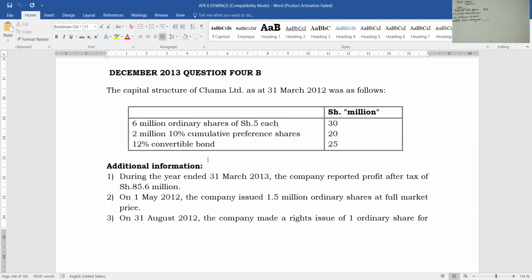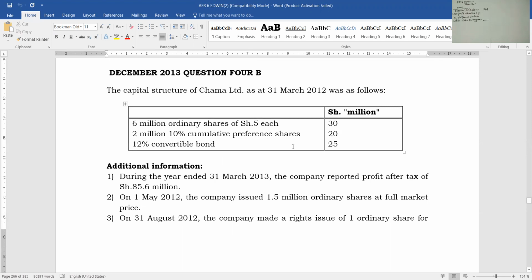You can see you have 2 million 10% cumulative preference shares. So the total is 20 million.